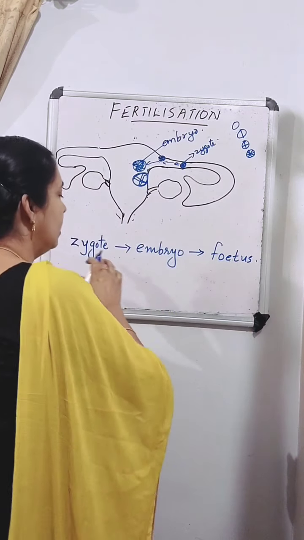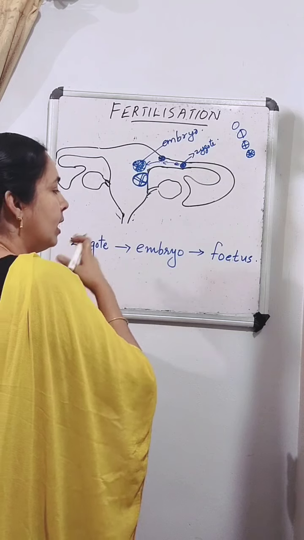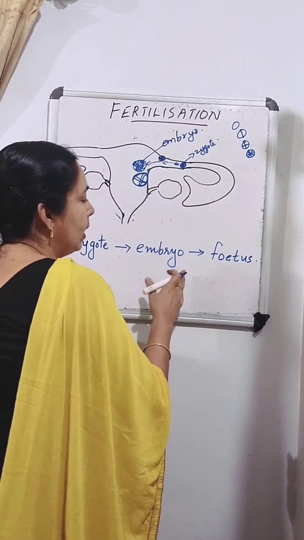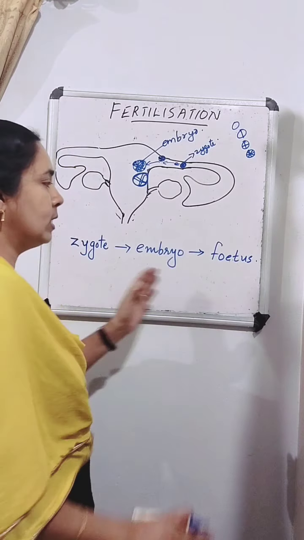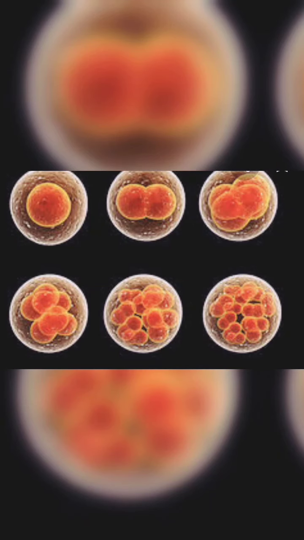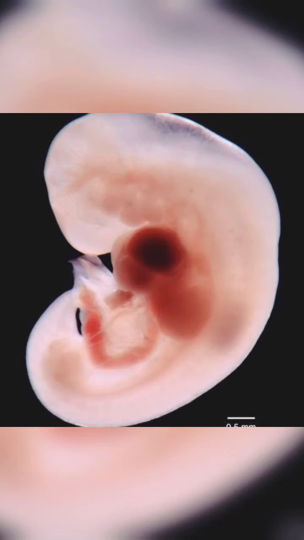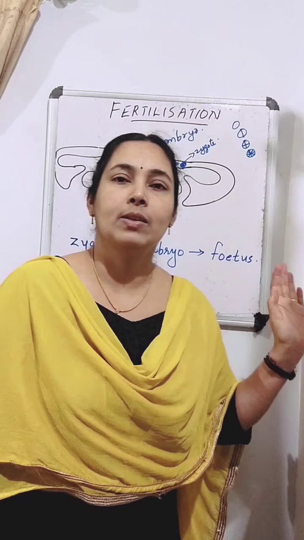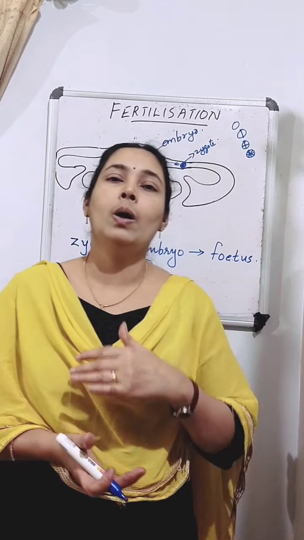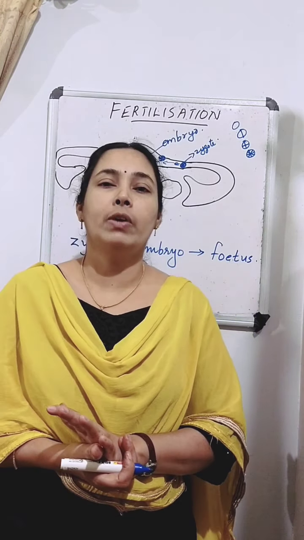So the single celled zygote divides into many cells and forms the embryo. Then the embryo develops the body parts, and then it is called the fetus. So zygote develops into embryo, and embryo develops into fetus.